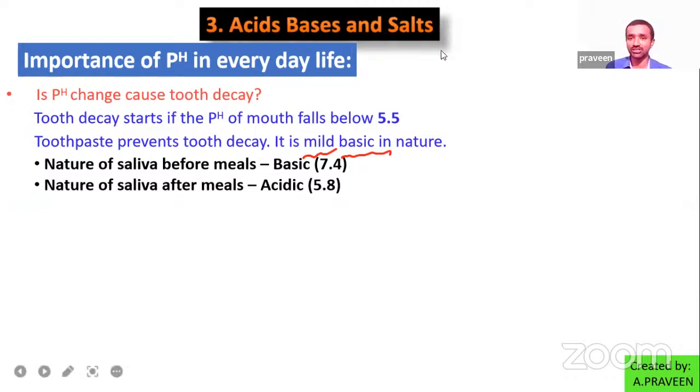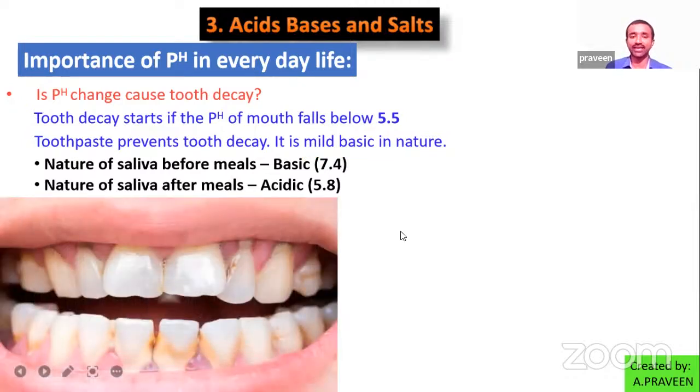So look at the figures given here to understand. Tooth decay: this type of effect you see in the gaps of your teeth is a symptom of tooth decay. Here the gums are also damaged. Sometimes it may turn black and corrode the teeth, right?